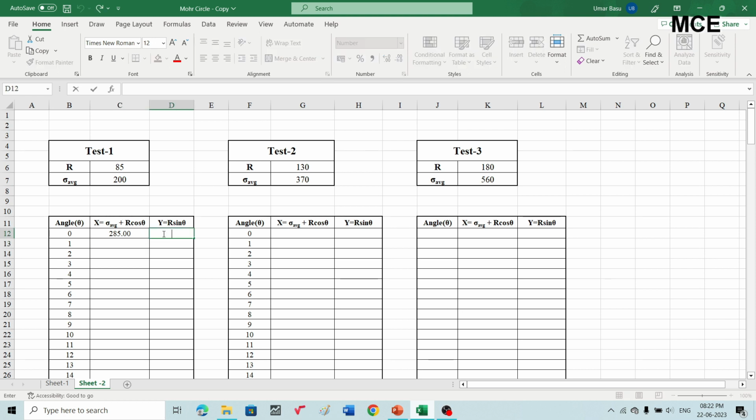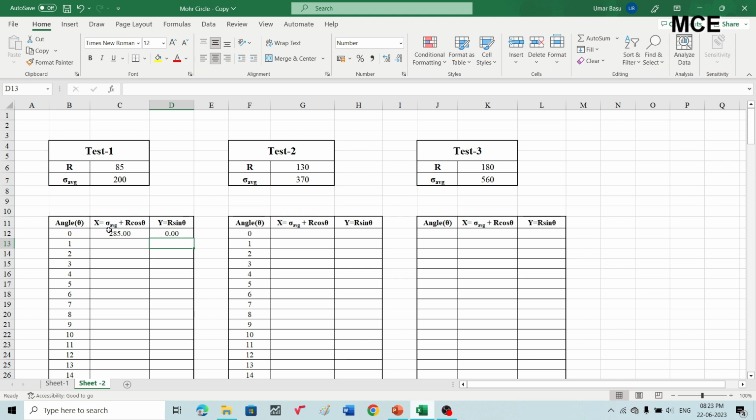Similarly, to get the y coordinate, you will select the y coordinate of the first angle and then at equal sign, select the radius for the test first, press F4, then multiplication sign, then sine, then start the bracket, write radians, select the first angle which has a row number of B12, or you can click on 0, then you will close the bracket and press enter, and you will get the y coordinate for the first angle.